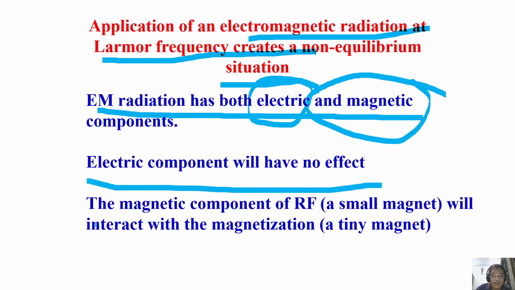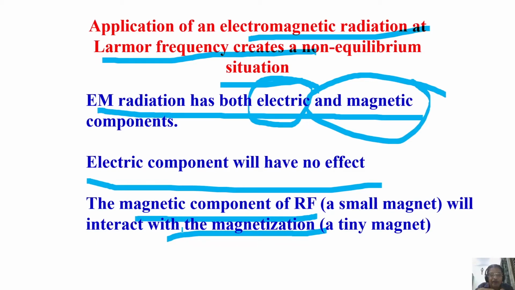On the other hand, the magnetic component of the radio frequency interacts with the magnetization. Because remember, RF is like a small magnet, and we are discussing all about magnetism. It is like bringing another magnet close to a tiny magnet, which is the bulk magnetization.